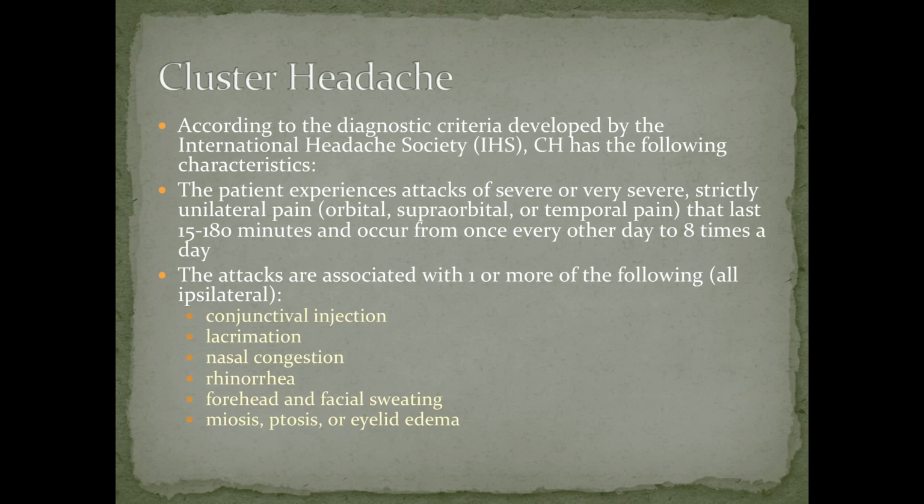It lasts 15 minutes to 3 hours, up to 8 times a day. The episodes are typically associated with tearing, red eyes, runny nose, and forehead sweating. It can also be associated with miosis or eyelid edema. I'll put a picture with it in a minute so you can visualize it.